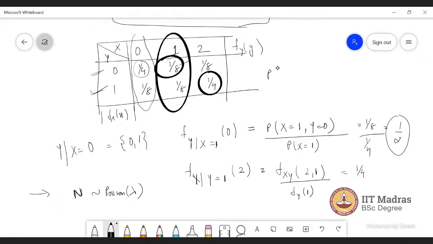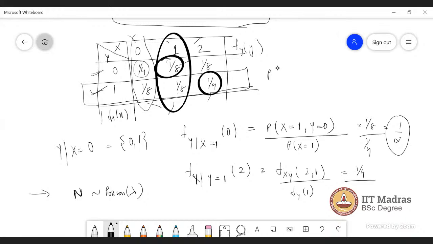And what is fy of 1? So fy of 1 is this, right? These are the joint PMF, and you have to sum it over the range of x because we have to find the marginal of y. So you will sum it over the range of x, and the range of x is 0, 1, 2. So you are going to add 1 by 8, 1 by 8 and 1 by 4. So it is 1 by 2. So again it is 1 by 2.